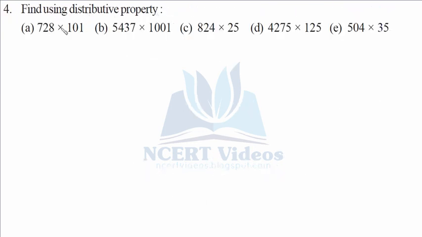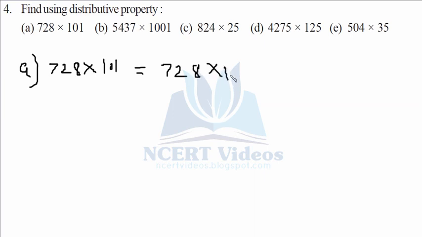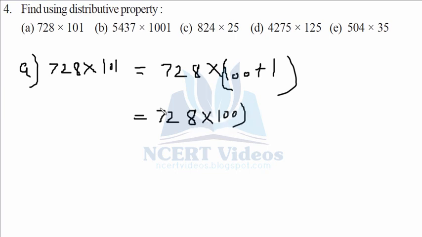Find using distributive property. We did this kind of question earlier also. So 728 into 101, splitting 101 into 100 plus 1, because it is the easiest to do. Now we can apply the distributive property that we are asked to do. That is 728 into 100, there is a plus sign, so we will add.